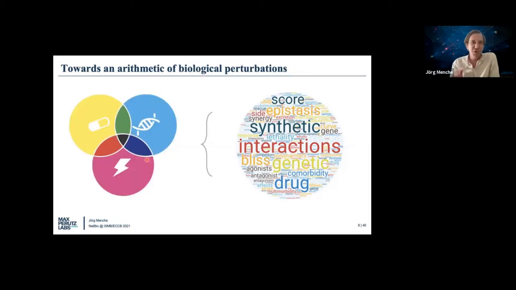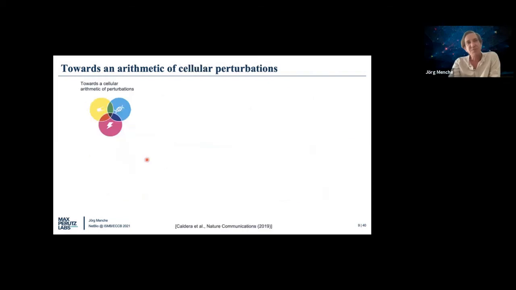And my delusion, as Martina said, I have a background in physics, is that there really should be principles out there that would allow us to understand all of these scattered phenomena on the right under one umbrella, which I'd like to think of as some sort of grand unifying arithmetic of perturbations.